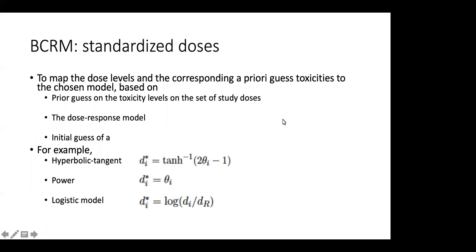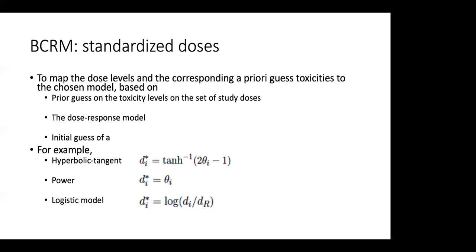And here's how we can standardize the doses. The reason we standardize the doses is to map the dose levels and corresponding prior toxicities to the chosen model. So this standardization is based on the prior toxicity levels, the set of study doses, the dose response model, and the initial guess of the parameters.